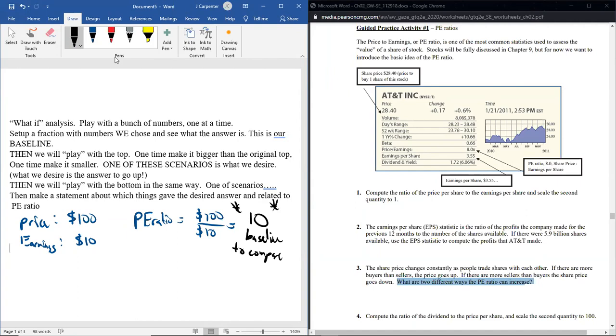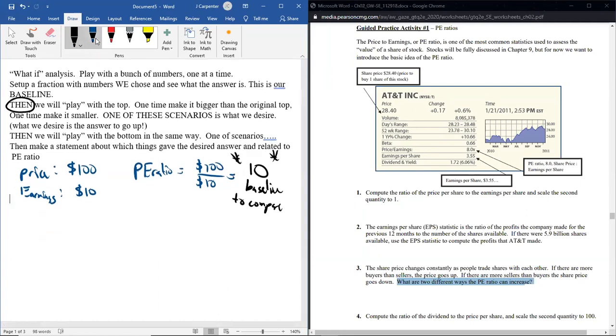So now what we're going to do is we're here. Then we're going to play with the top. So in this 100 over 10, I'm going to one time change the 100 to a bigger number. Then I'm going to one time change that 100 to a smaller number. So in a different color, this is us playing with the top.